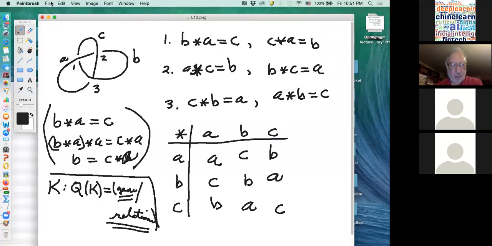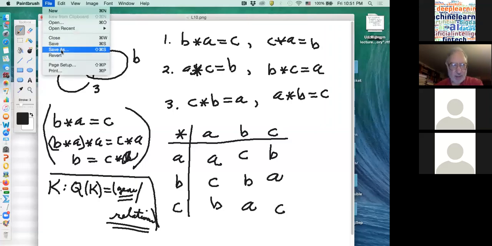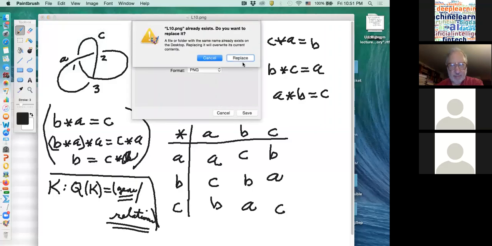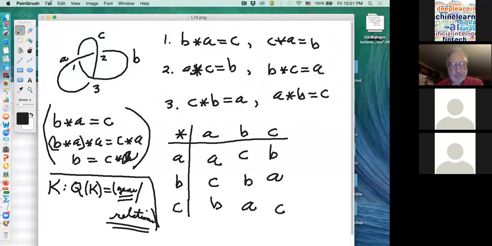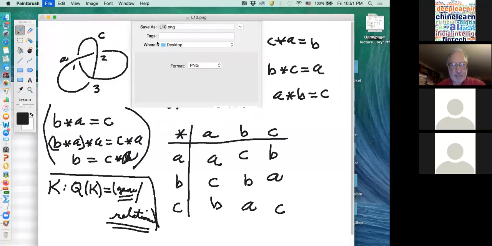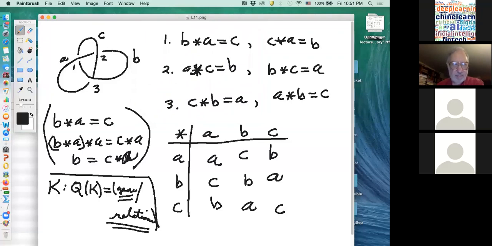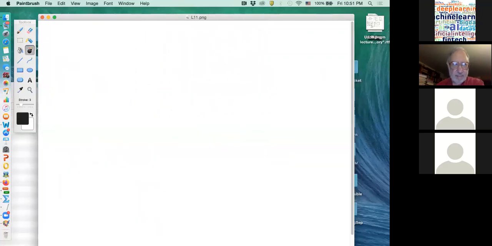So let me go to another slide to tell you about it in general. So I have some knot. Maybe we'll draw another knot for the sake of having one around.